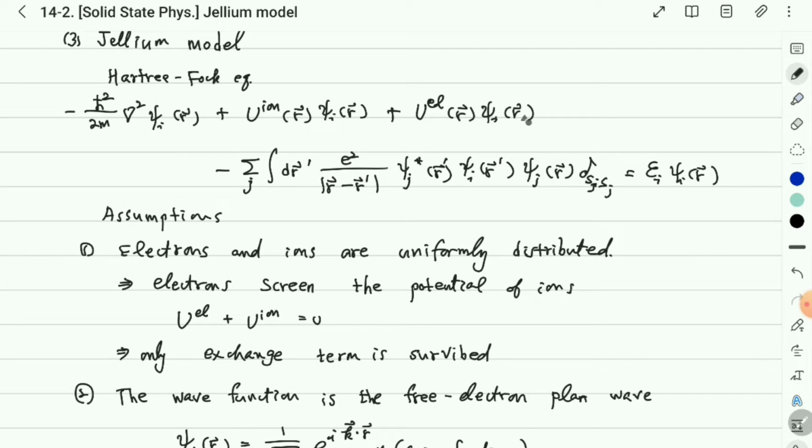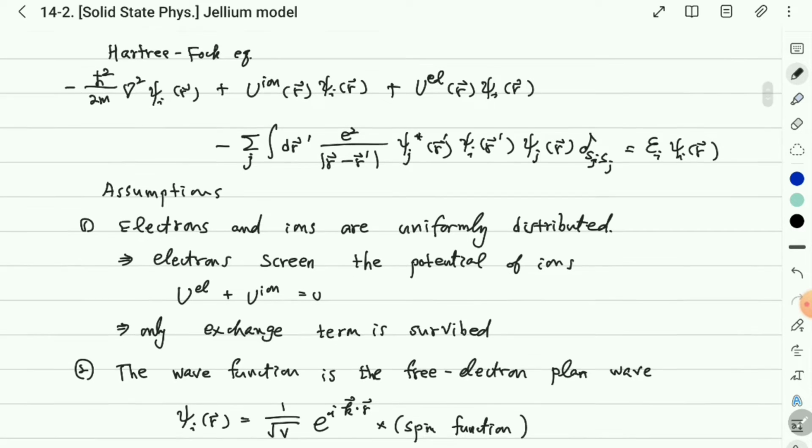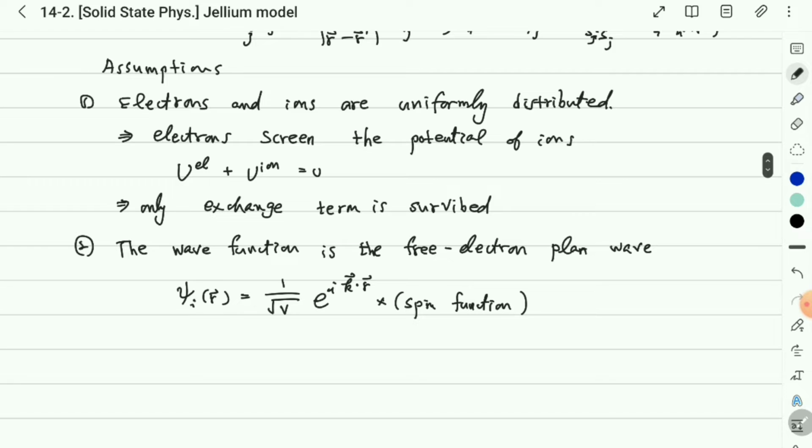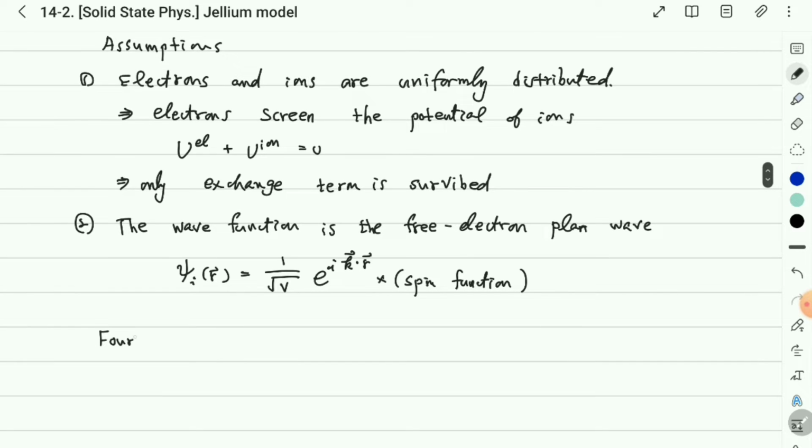Then we calculate the Hartree-Fock equation, where these two terms are eliminated, leaving only the kinetic energy and the Pauli exclusion term. Here it is a real-space integration, so let's consider momentum-space integration. We transform from real space to momentum space by the Fourier transform. Let's do the Fourier transform of the Coulomb interaction.